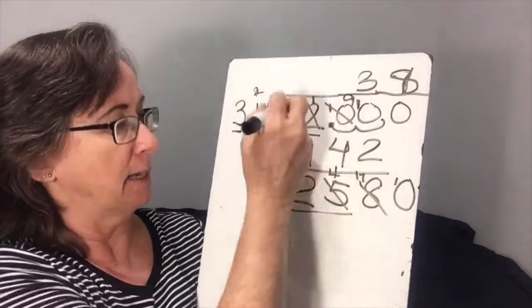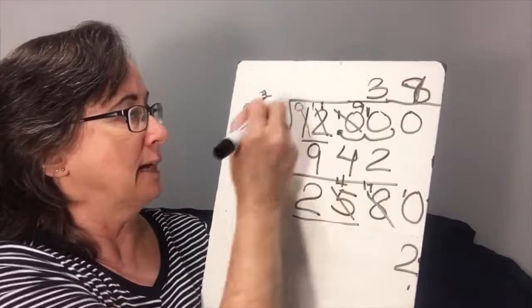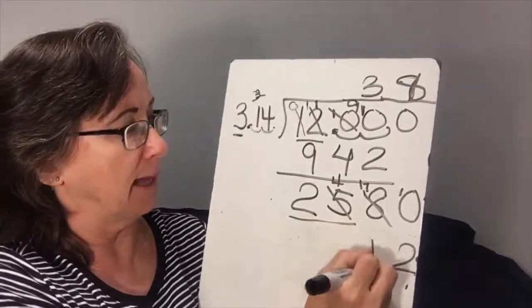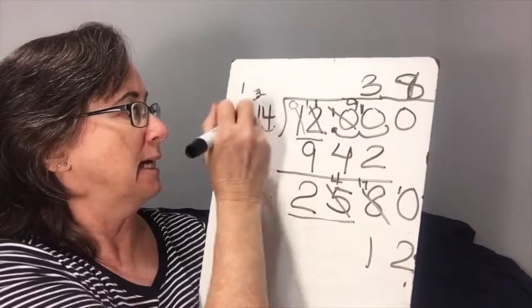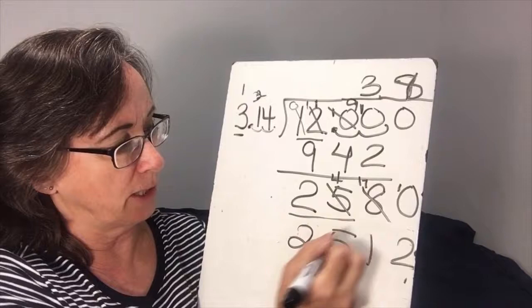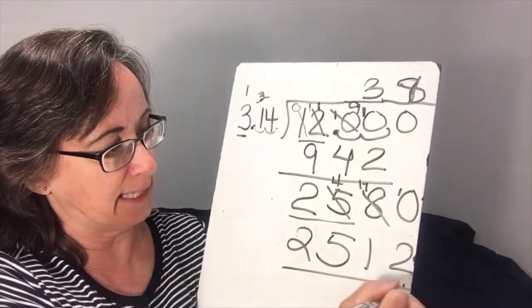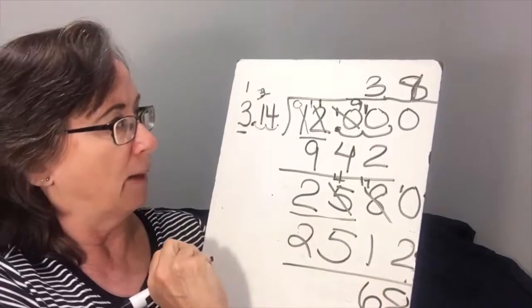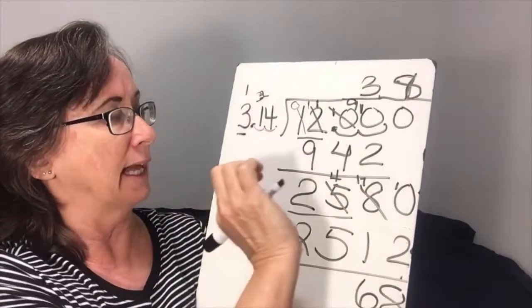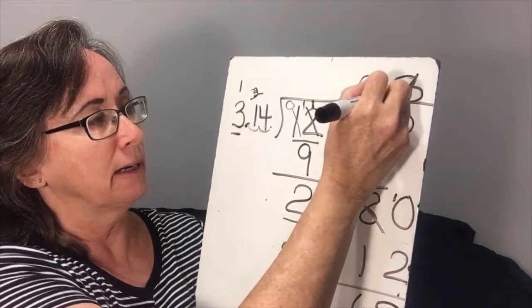Okay, so 8 times 4 is 32. And 8 times 1 is 8 plus 3 is 11. And 8 times 3 is 24 plus 1 is 25. And that's what I should have done to start with. And so this is going to be 68. So I have 68 over that left. Okay, so remember our decimals right there.